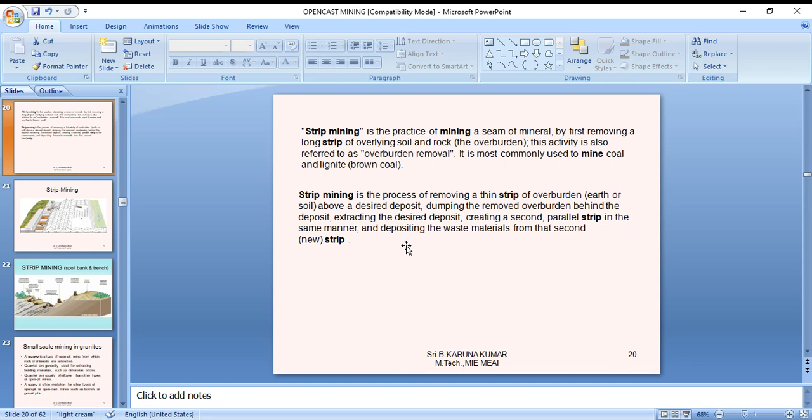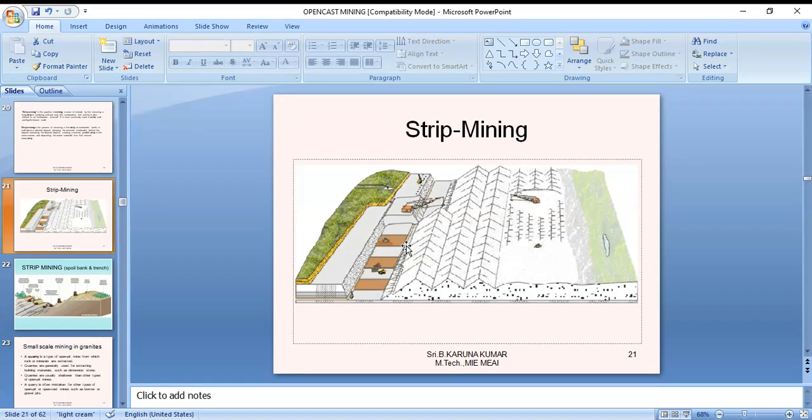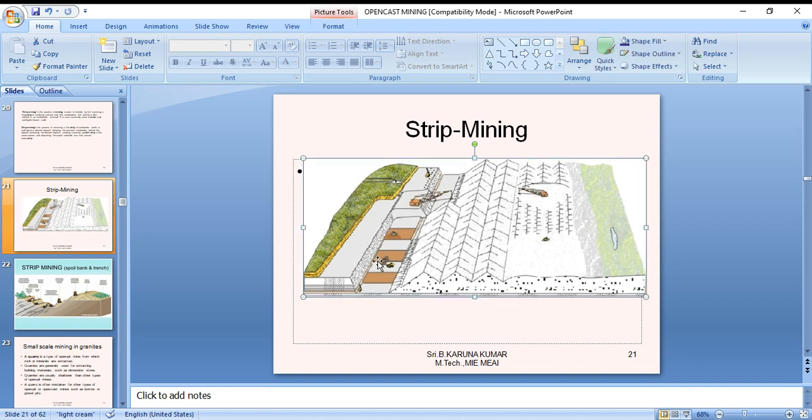So this is one stage wise operation. Showing one figure of the open cast stripping mining method, you can observe layer by layer extraction and forming of a waste dump. This is one strip. This is another strip. So this is called the strip mining operation.